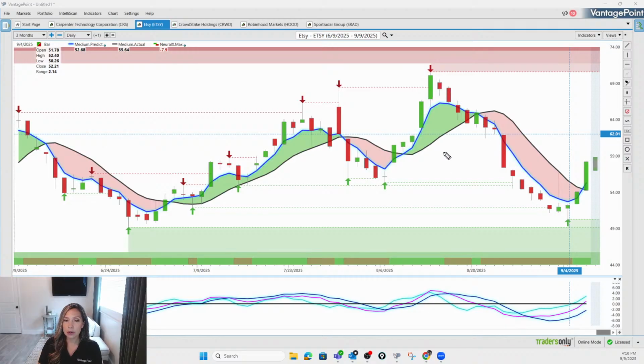Now, if you notice, we have price that got stalled right here. All right, so I'm going to focus on this area for a moment because support can help you identify that bounce, but it can also tell you where you may want to take advantage of some profit taking opportunities. Now, I'm not telling you what to do here at every resistance point. You may not want to exit out, but you certainly would want to know that the position is at a little higher risk as we approach those resistance levels.